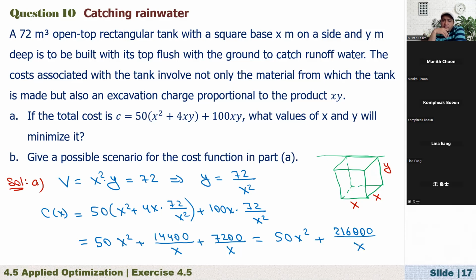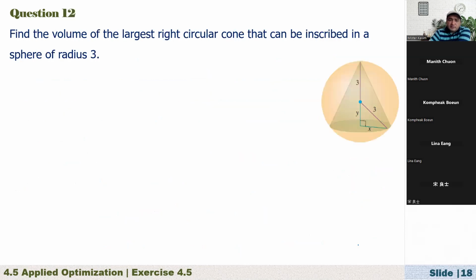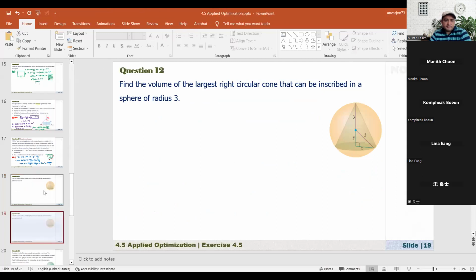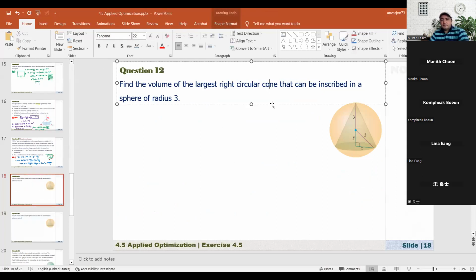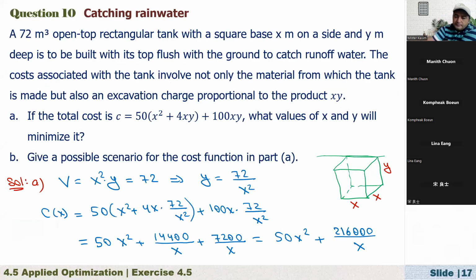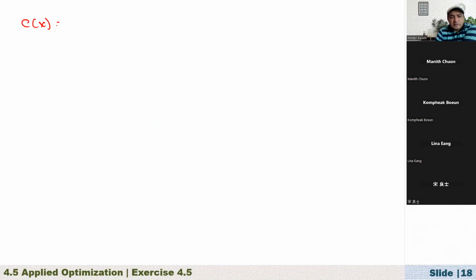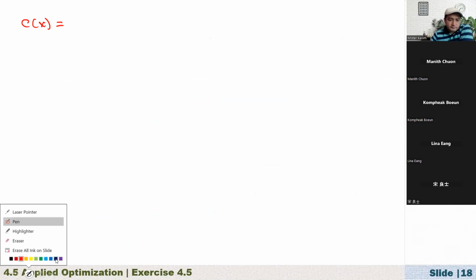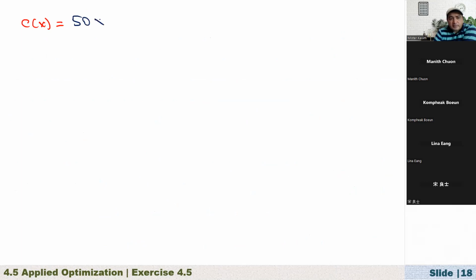Now we have to find the value of x and y that will minimize it. So I need to move to the next slide for some more space. Our cost function is equal to 50x squared plus 21,600 over x, and we have to minimize this.